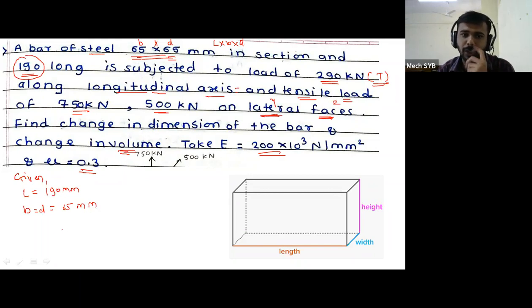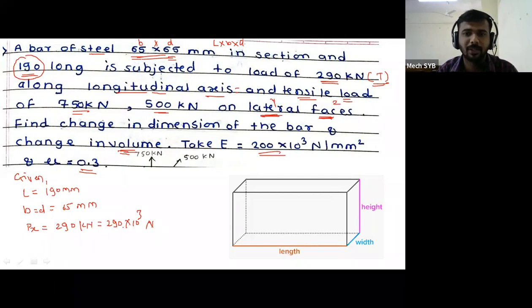Then longitudinal axis Px is equal to 290 kilonewton is equal to 290 into 10 raised to 3 Newton. And write down in your notebook also, longitudinal axis is equal to x axis and lateral faces means y and z direction.